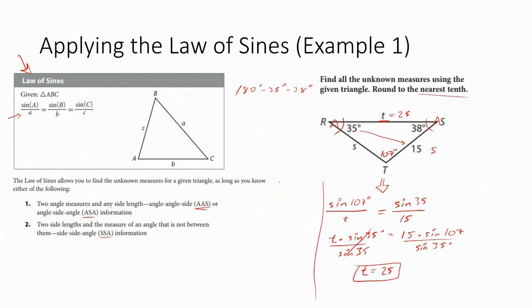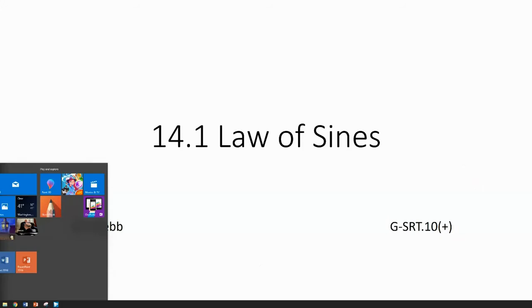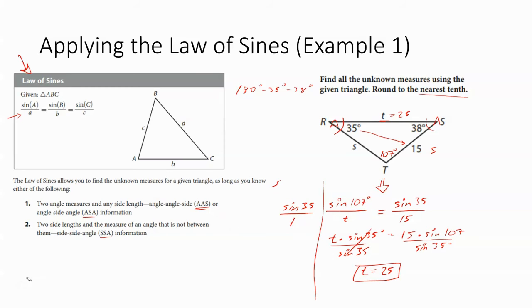All right, here we go. Now let's solve for s. So you could use sine of 35 degrees again over the 15, but instead of sine of 107 over t, we're solving for s. So if you look at angle s, it has 38 degrees. So sine of 38 degrees, and on the opposite side of 38 degrees, we have s.